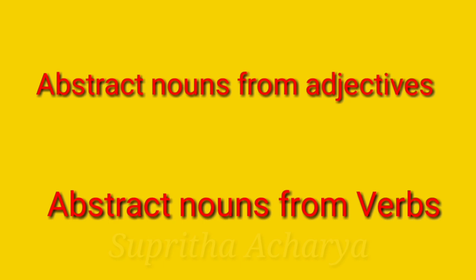For example, kind is an adjective word. If we add ness, that is kindness, that is called an abstract word. Like that, able. If we add ity, the word will become ability. So, ability is also an abstract noun.